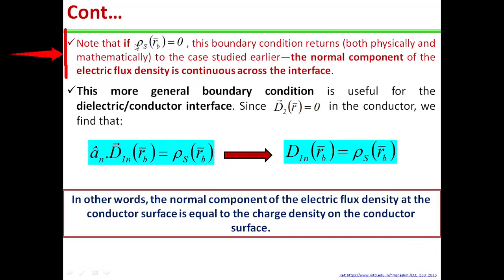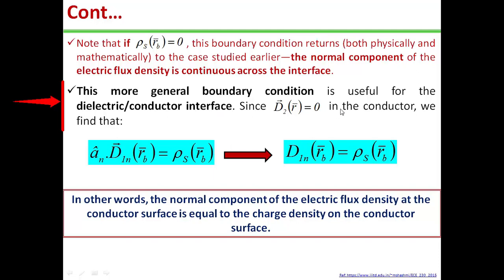Note that if the surface charge density at the interface is 0, this boundary condition returns, both physically and mathematically, to the case we studied earlier: the normal component of electric flux density is continuous across the surface. This more general boundary condition is useful for the dielectric-conductor interface only.